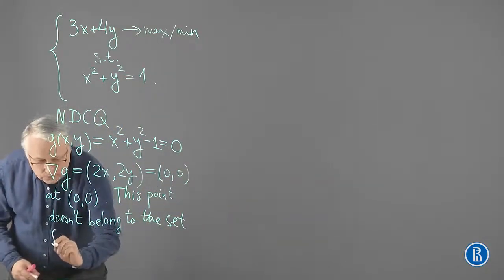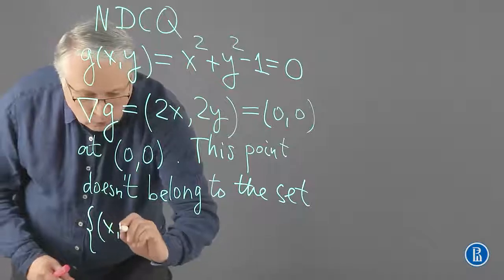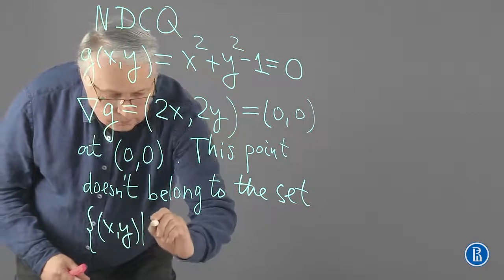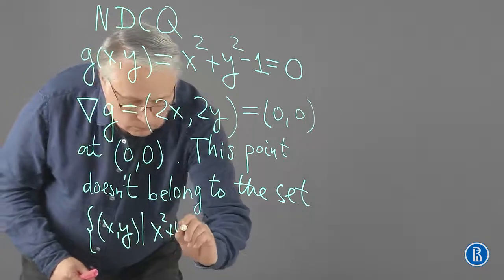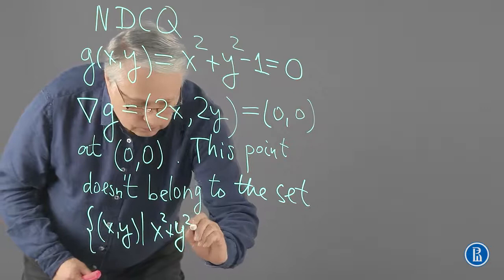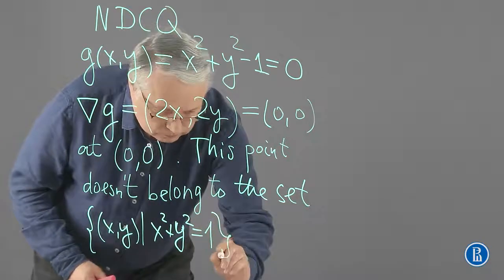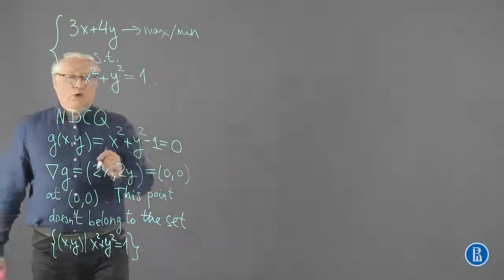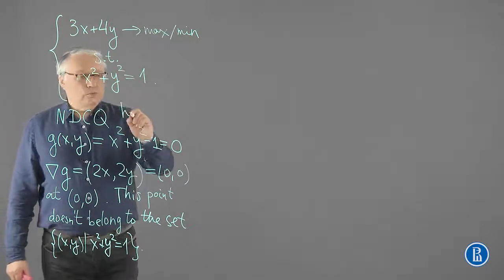And this is the set. We call it a constraint set. So we claim NDCQ holds.